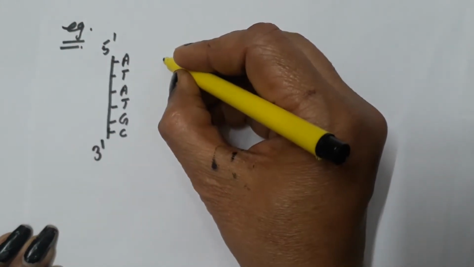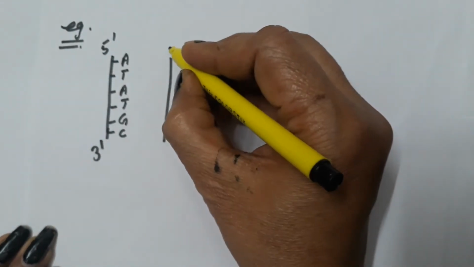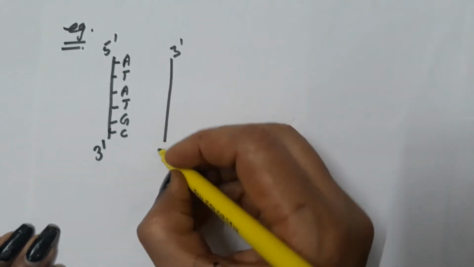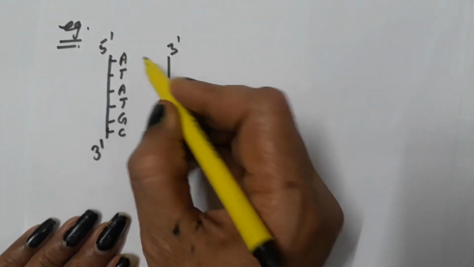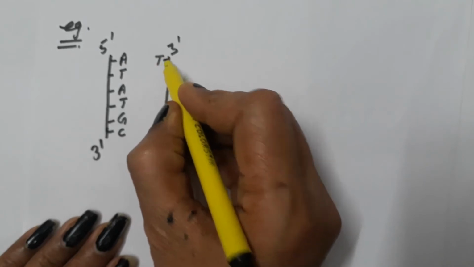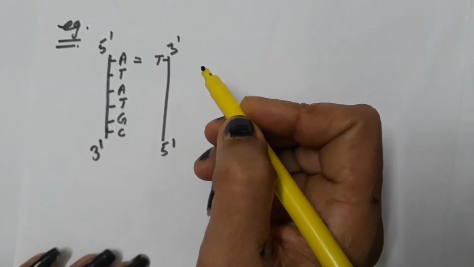According to base pairing rule, the other strand of DNA shows the polarity 3' to 5', because both strands are anti-parallel to each other. In front of this A, thymine is present on the other strand, joined together with the help of 2 hydrogen bonds.